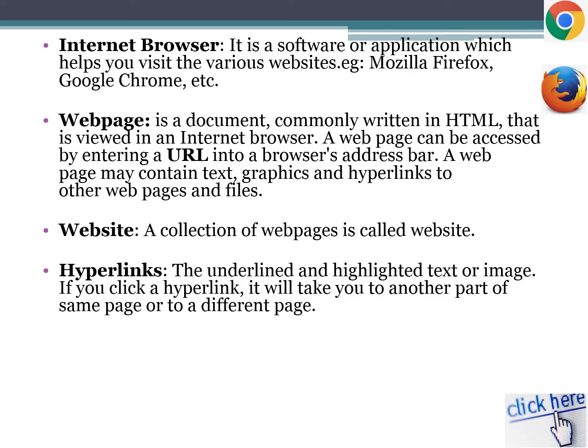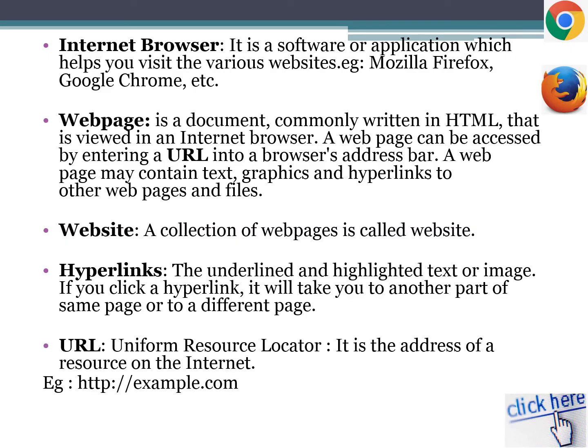That means you can click on that particular word. As soon as you click on that word, it is going to take you to another part of either the same page or a different page. So these are hyperlinks. They could be in the form of text or images.